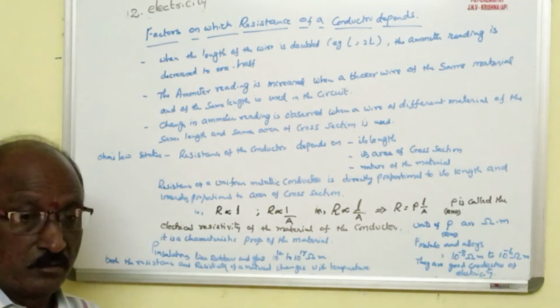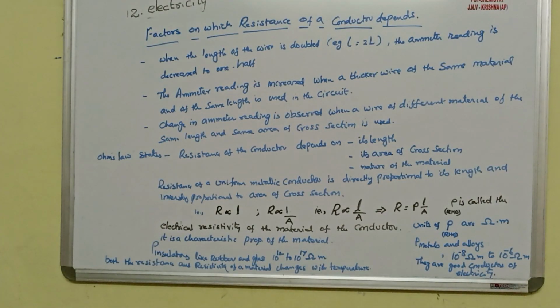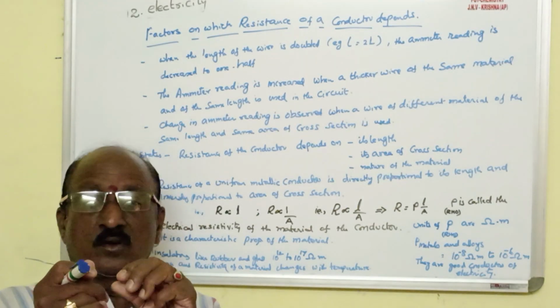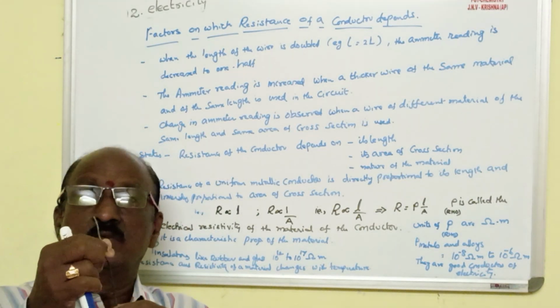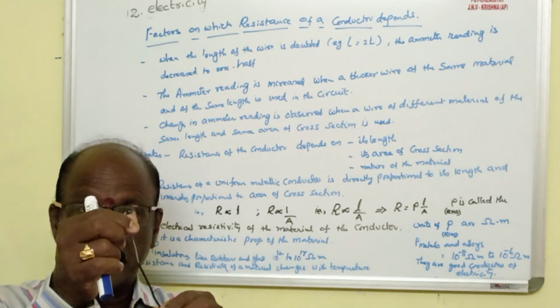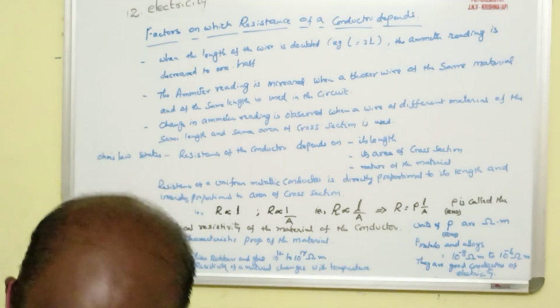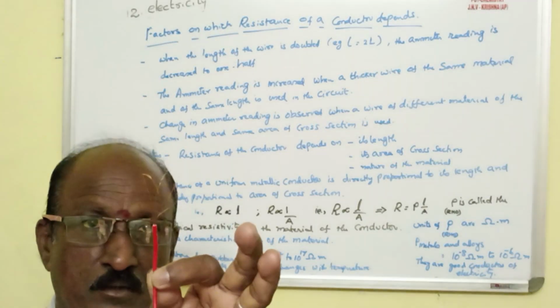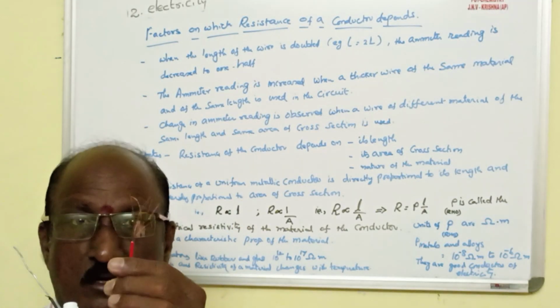For example, here I am presenting you one wire. This is made of aluminum conducting material, and the other one I am showing you is made of copper. It is a copper wire.